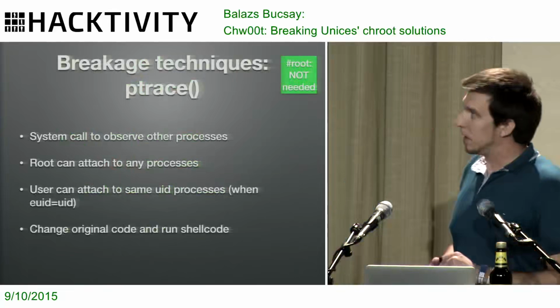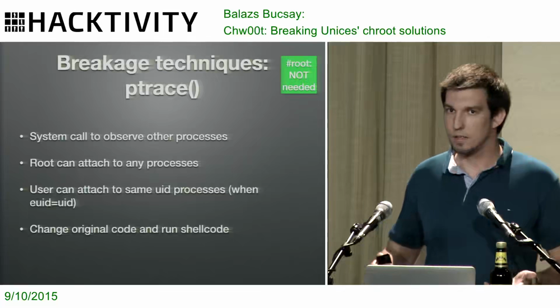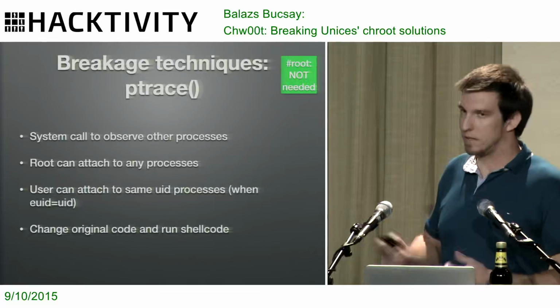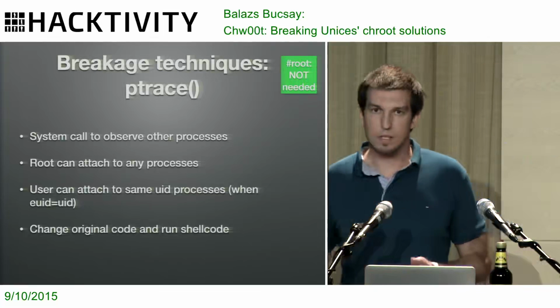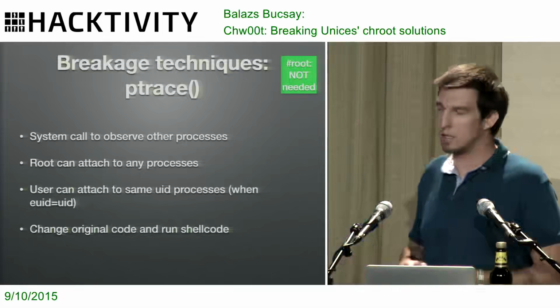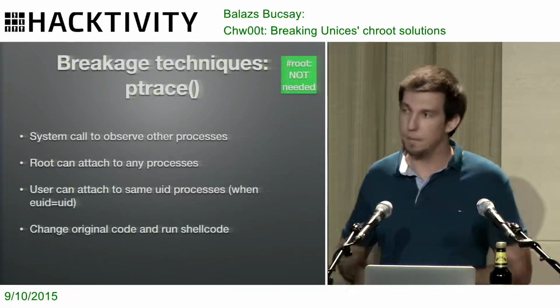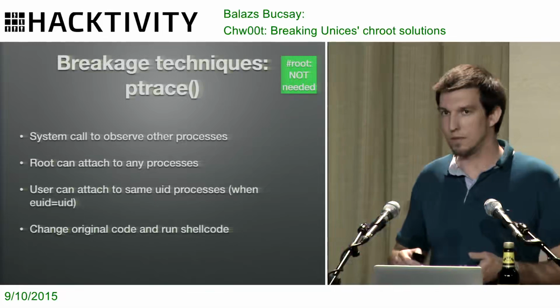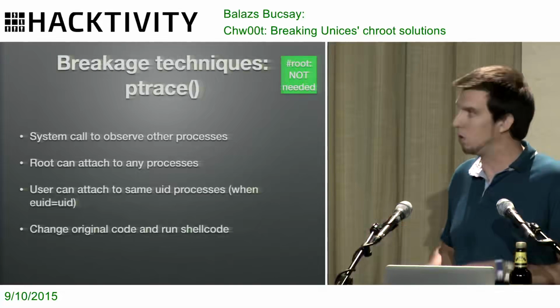The seventh technique is ptrace. This is the best, I guess. It's really cool. This is another system call. With this system call, which is an unprivileged system call, you can attach to any process on the system and do lots of things. For example, just replace the running code with your code.